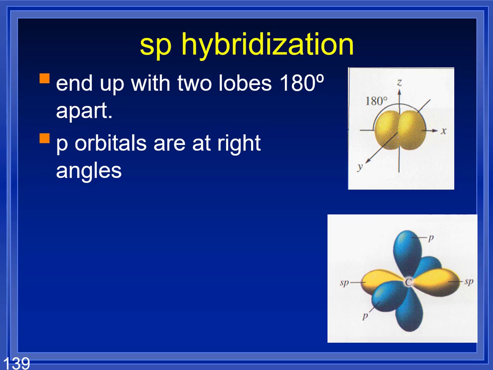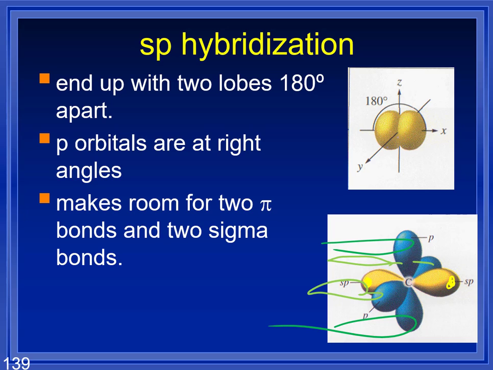So that means I can overlap on the s and p's. And I can make a pi bond with the up and down. And I can make another pi bond with the front and back. So I got room for 2 sigmas and 2 pi bonds, one up and down, one front and back.